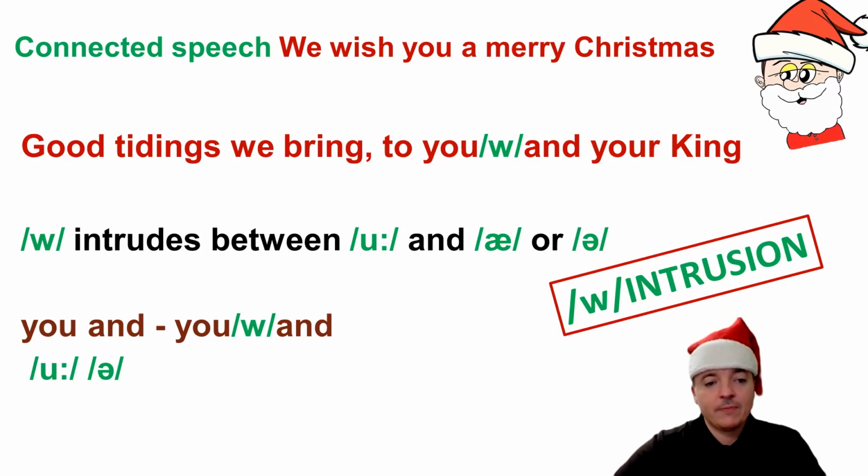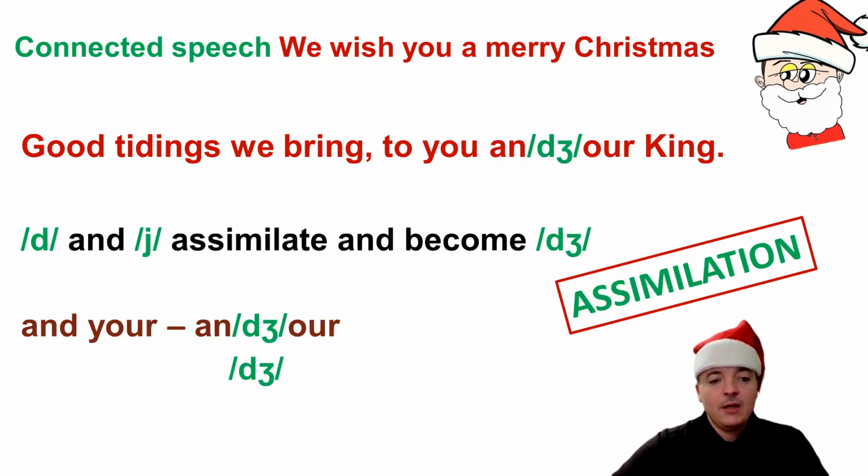Okay. And then we have here assimilation. So the d and the y. So d y becomes d j. So the d j becomes a j sound.